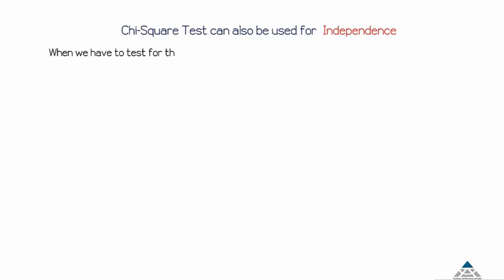Chi-square test can also be used to test for independence. This test is conducted when we have to test for the presence of certain attributes which are qualitative in nature.